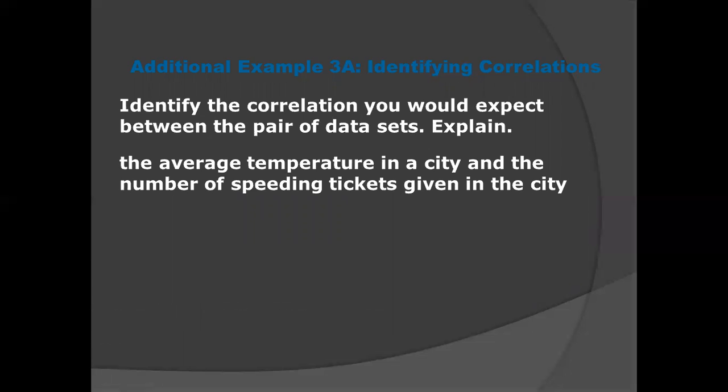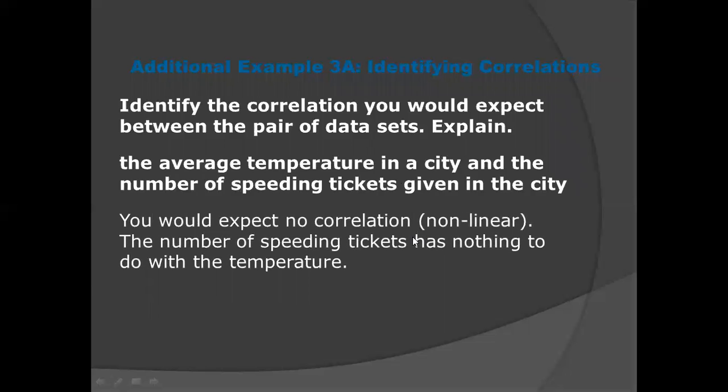Identify the correlation you would expect between the pair of data sets. The average temperature in a city and the number of speeding tickets given in the city. You would expect no correlation, nonlinear. The number of speeding tickets has nothing to do with the temperature.